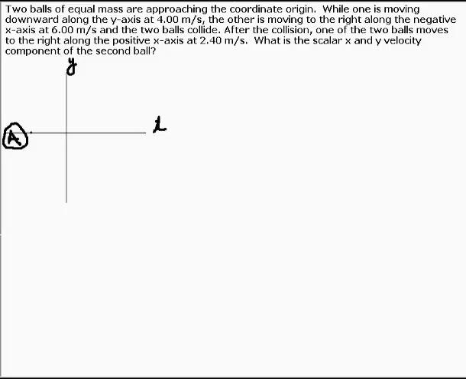So if we draw that out, the question also reads that we can call this ball B is moving downwards along the y-axis. We can assume here that that is along the positive y-axis since they are colliding. So it is moving downwards at 4 meters per second. So again, we can assume that the point of collision is at the region right here.